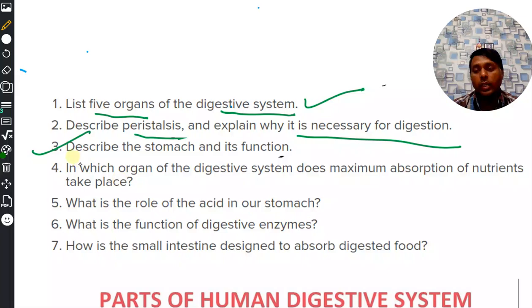And after this session we can find in which organ the maximum absorption of nutrients takes place. Do you know it? We will be able to find it.